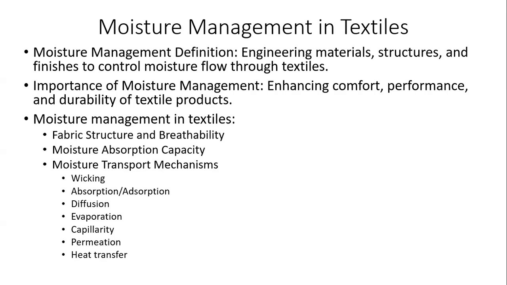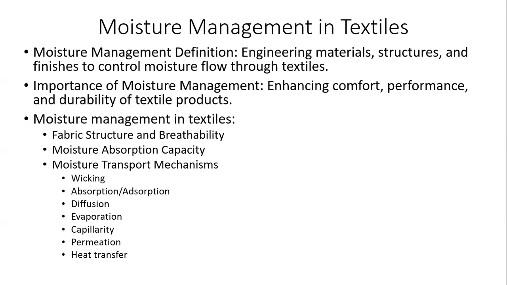And then the third most important aspect is the moisture transportation mechanism. There are different moisture transportation mechanisms. This does not only refer to the textile, but in any physical model, there are different ways that we transport moisture, not only in textile.